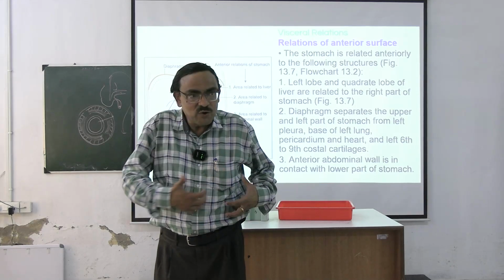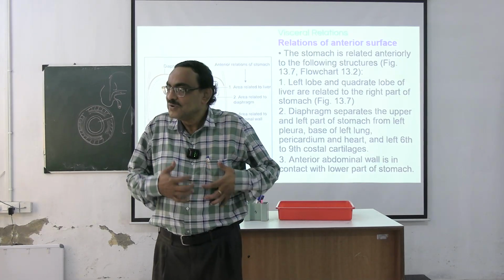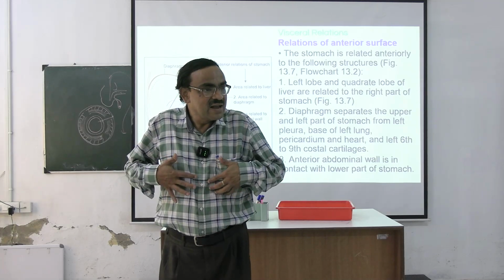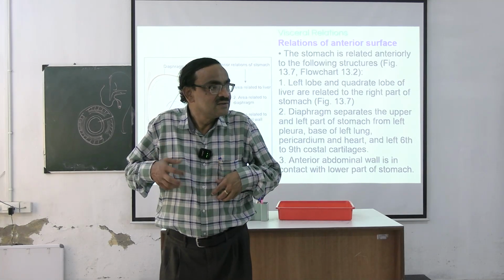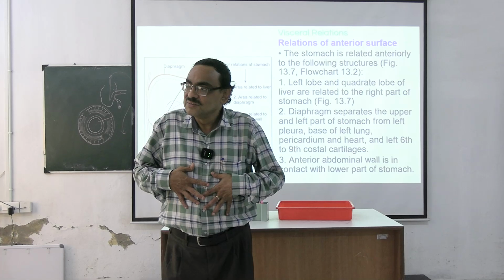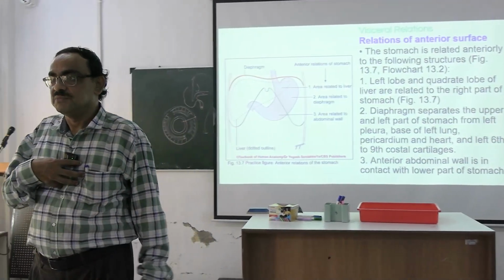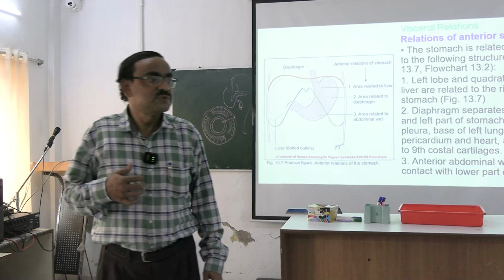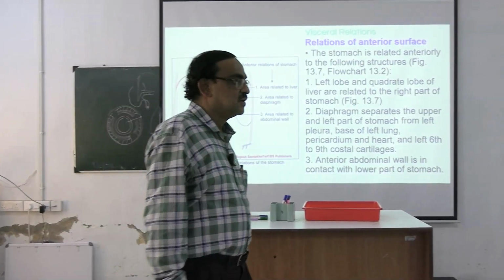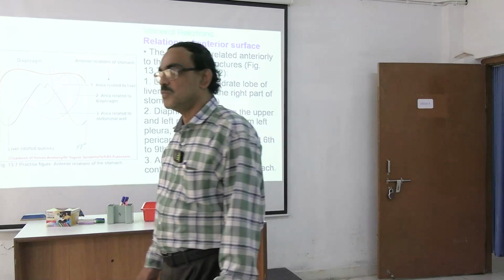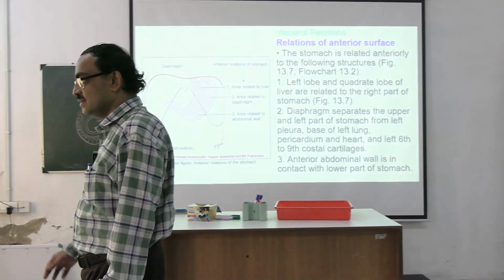Or if there is splenomegaly, it can come down towards this trough space and it will get obliterated. So with enlargement of the liver, spleen, or a pleural effusion, that trough space will get obliterated and we will no more get the tympanic sound.